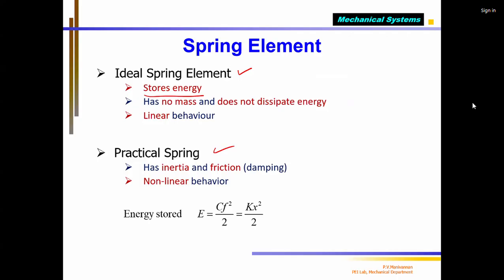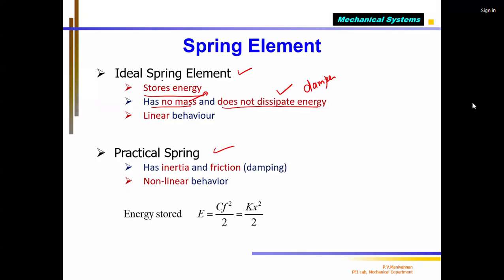While storing energy, it stores potential energy. And a theoretical spring should not have any mass. Correct? I said it is a spring element. That means it is a spring, it can store energy, but it should not have mass. And it does not dissipate energy. Both it should not do. If it dissipates energy, it is called a damper. Correct? And if it has a mass, it is called a mass element. It is not a spring element.